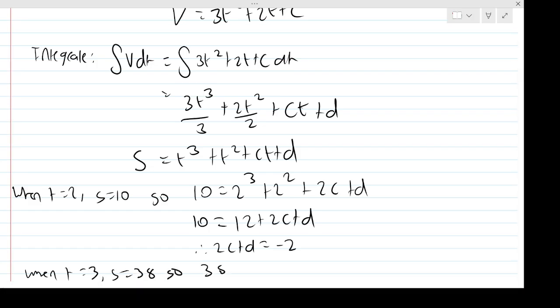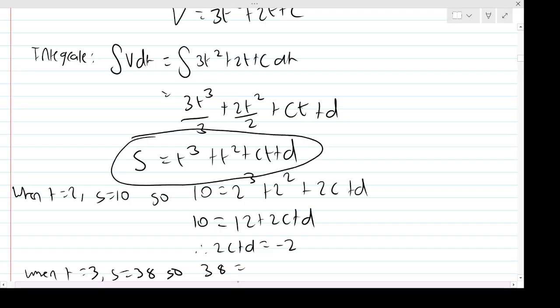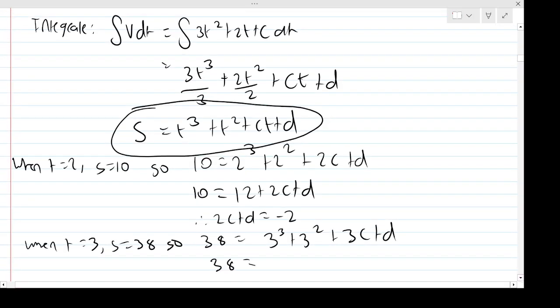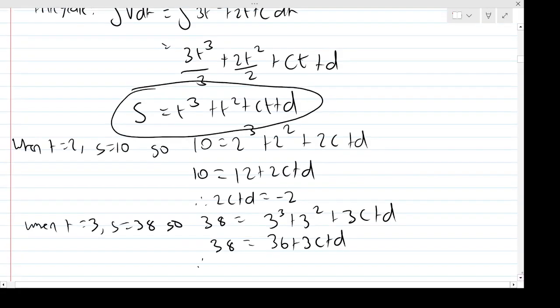So if I substitute 38 for s into my displacement formula, 38 is going to equal 3 cubed and 3 squared plus 3c plus d. And again, if I simplify that, I get 38 equals 36 plus 3c plus d. So therefore, 3c plus d is 2.